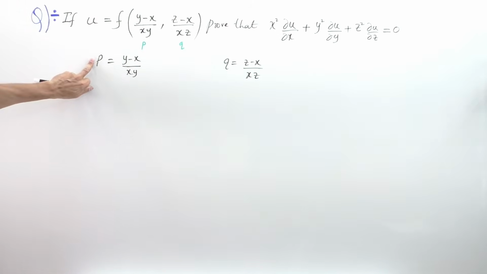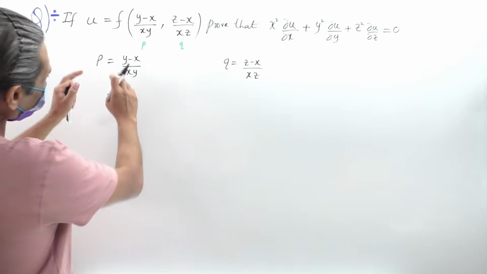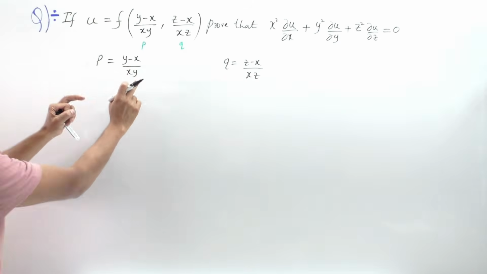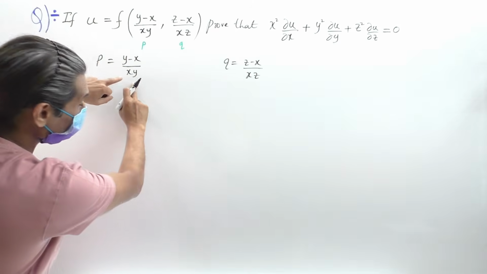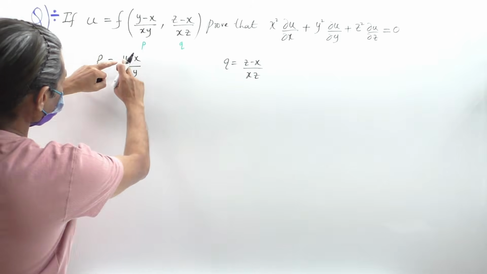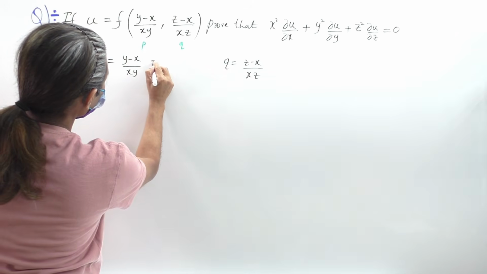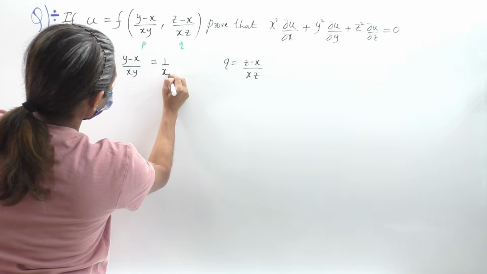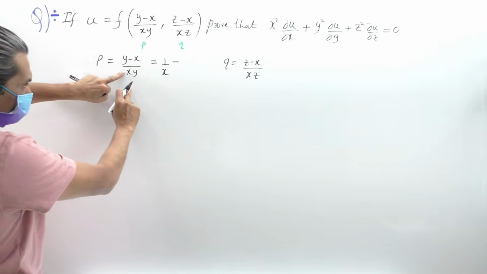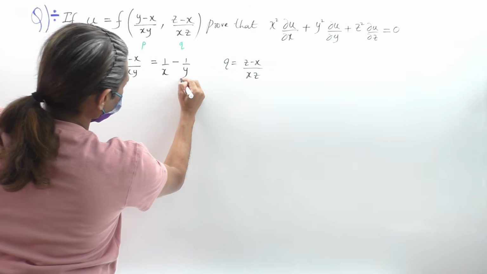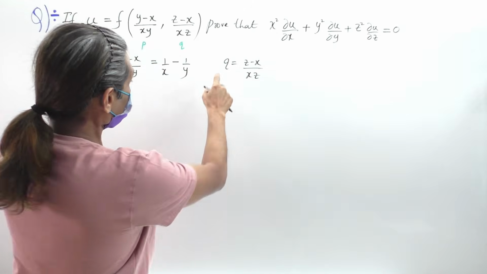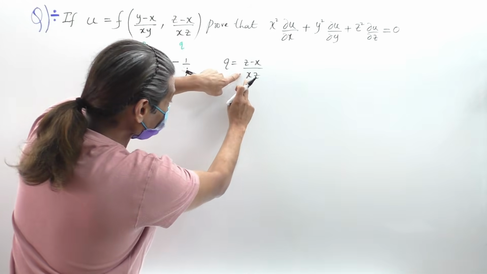Okay. Now to make it more simple, I can rewrite this: (y minus x) by xy, whole divided by xy, I can separate it. y by xy, y cancels. This becomes 1 by x minus x by xy, x cancels, 1 by y. Very simple, correct? Next, Q is equal to z by xz minus x by xz.